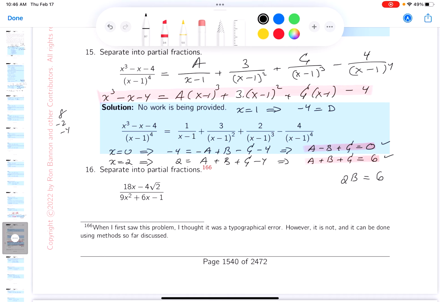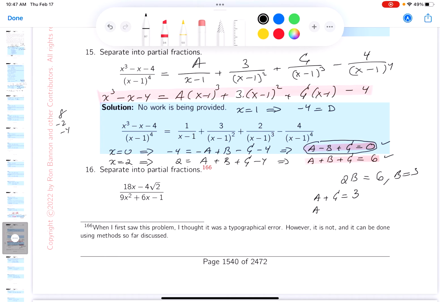All right, I'm going to pop this in now. So it's going to be A plus C, and again, I said B is 3, right? I'm using the first equation now. So A plus C, and if B is 3, this would equal 3, right? And over here you get what?